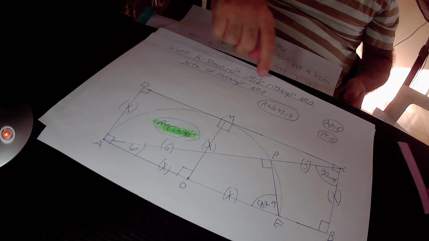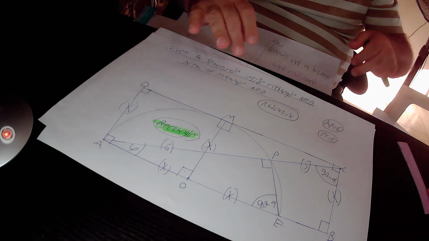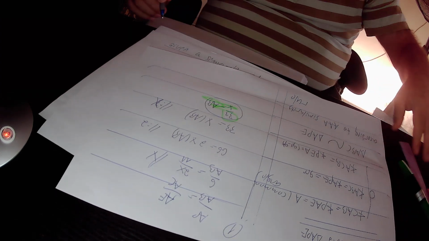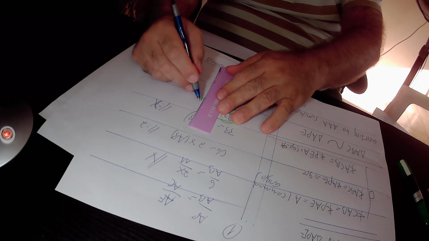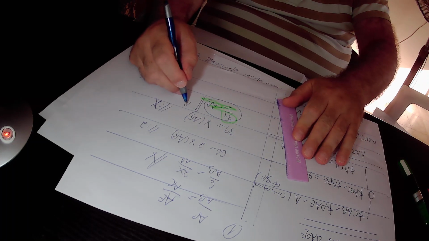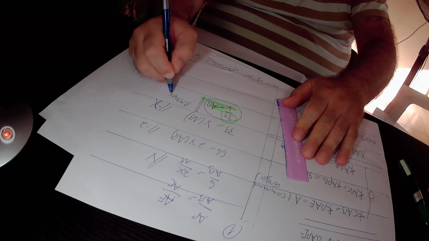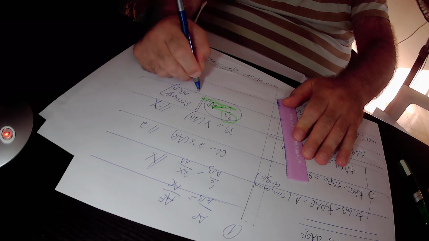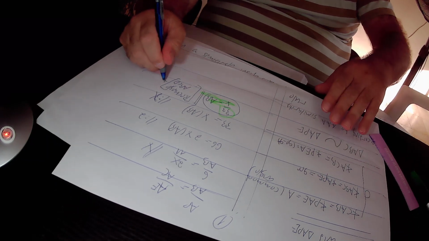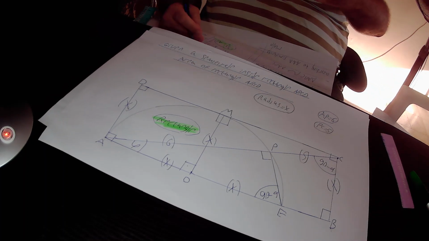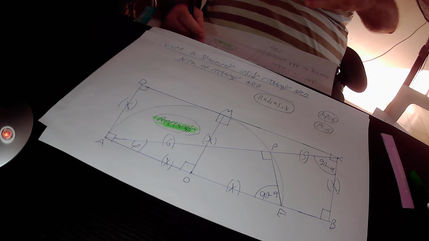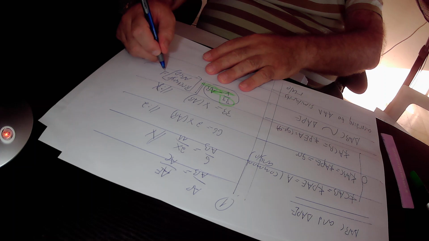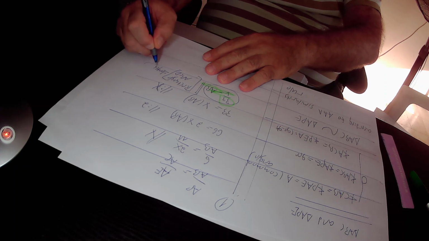Our mission is to find the area of this rectangle ABCD. So what is the area of this rectangle ABCD? Actually, we know that the area of any rectangle equals the length of the rectangle times the width.